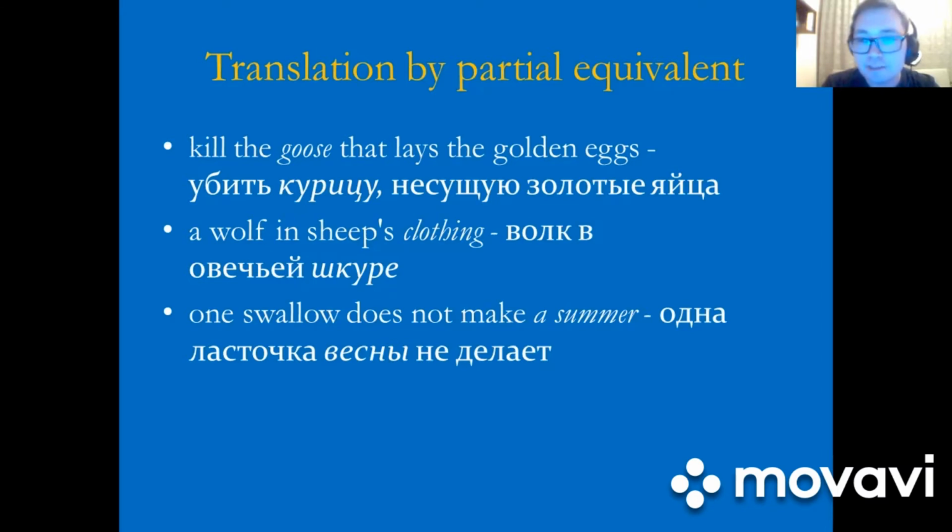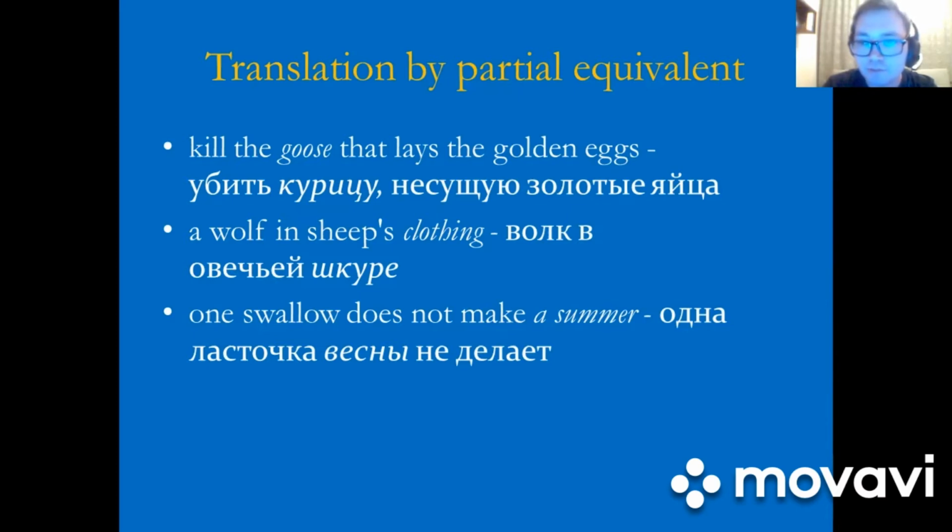The second example here, a wolf in sheep's clothing. The Russian equivalent is волк в овечьей шкуре. It's obvious that the two phraseological units have the same meaning and quite similar imagery, with the only exception that in English we use clothing, and in the Russian equivalent, we use the word shkura.